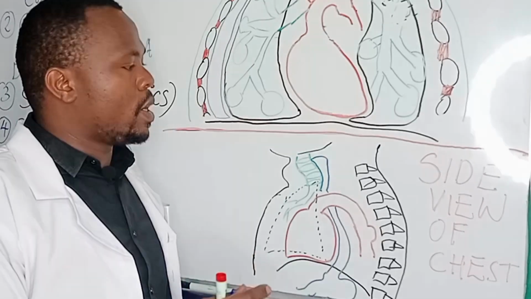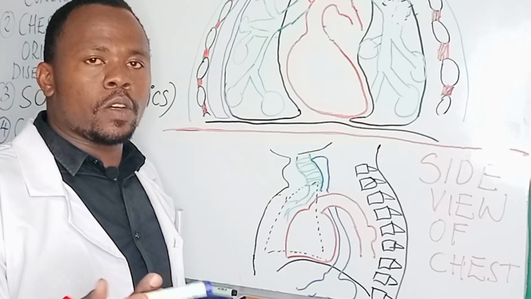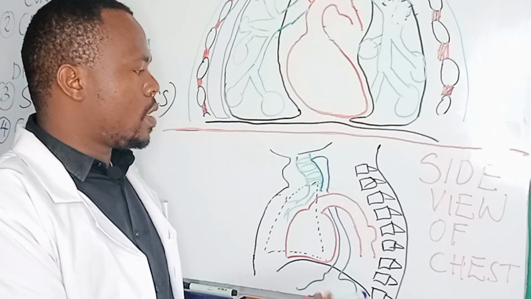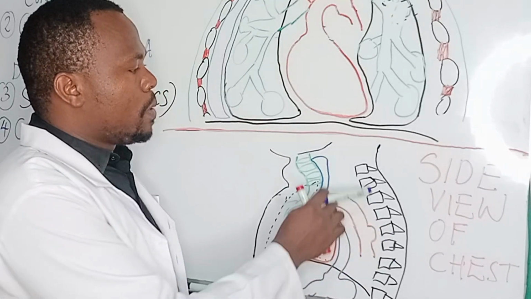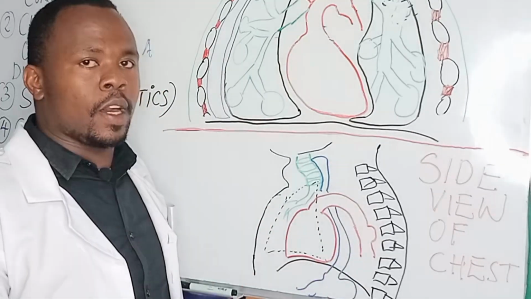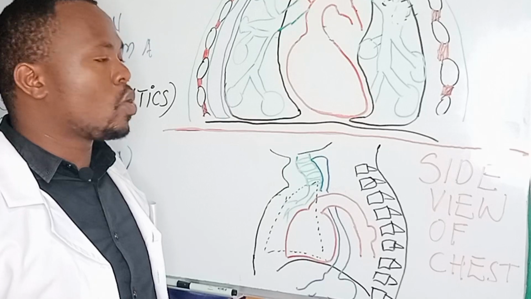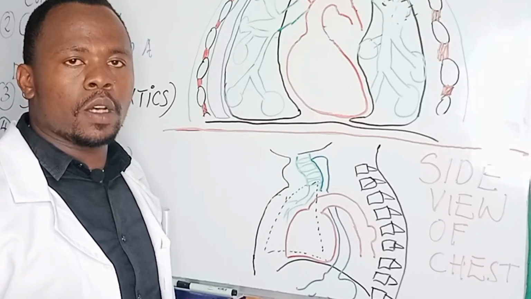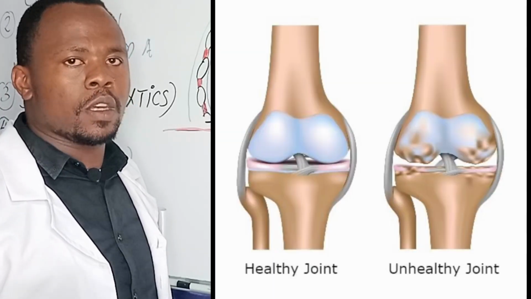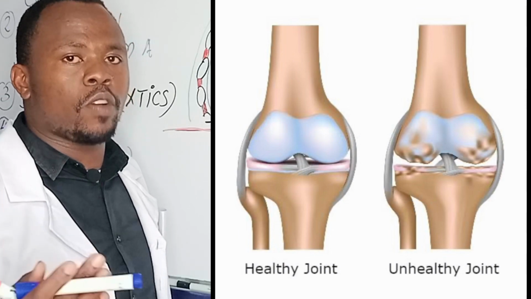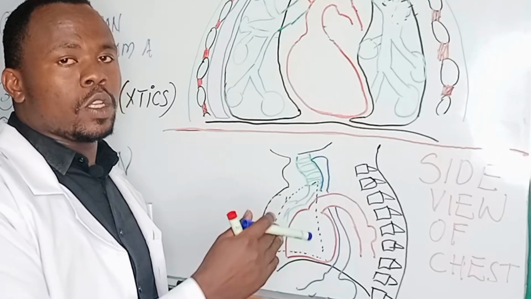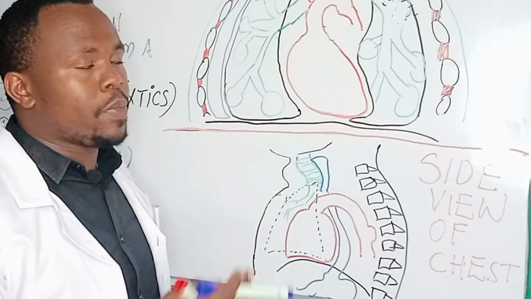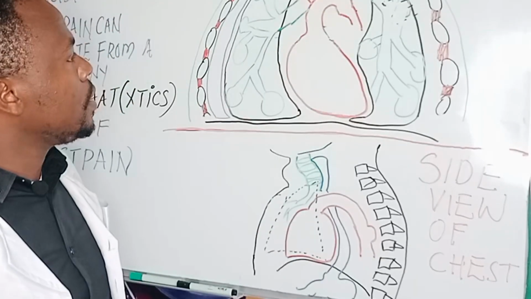Then the vertebra itself, or the backbone itself, is made up of the vertebral bodies. So in between one vertebral body and the other, that is another joint. So if a patient has a condition like arthritis, arthritis is the infection or inflammation of joints. Those joints can include the joints of the chest wall.